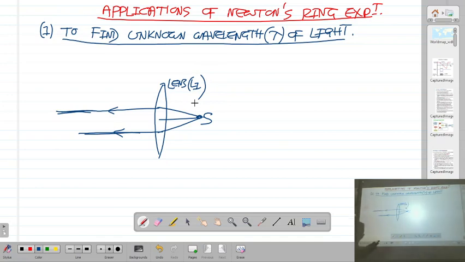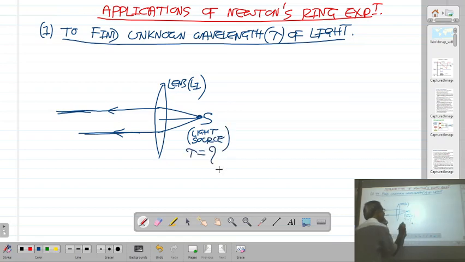So what is this? This is an unknown light source, whose wavelength lambda is to be measured.